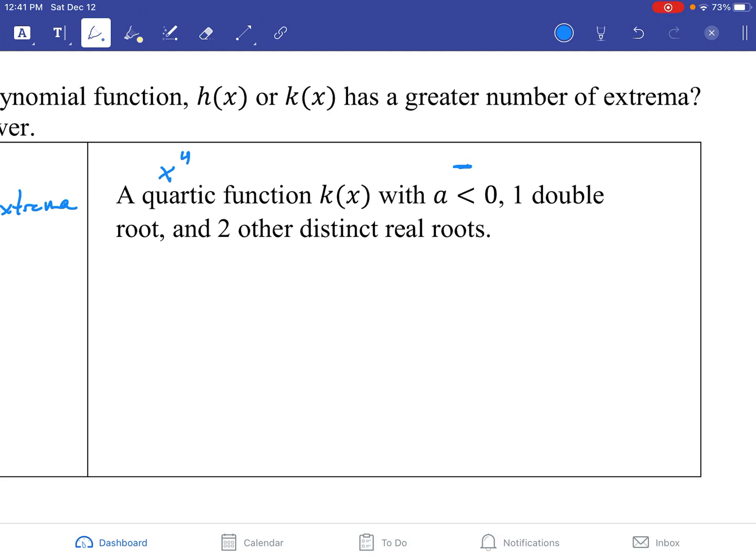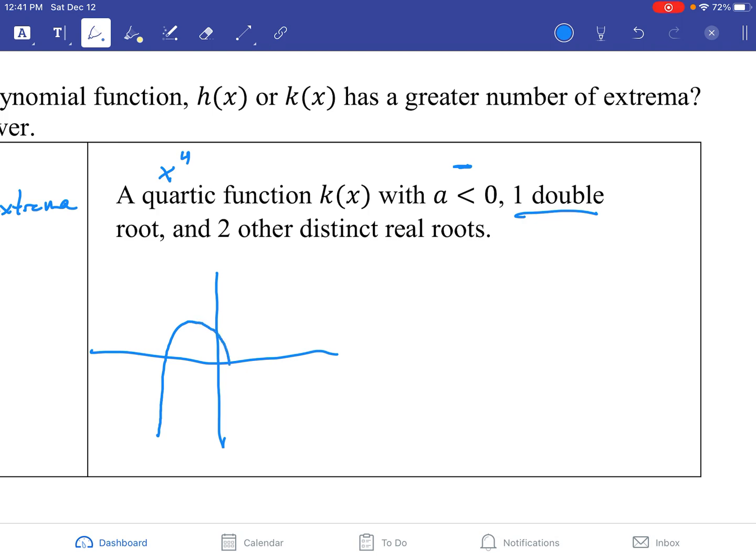It has 1 double root and 2 other distinct real roots. What this means is the graph will bounce off the x-axis at the double root, and the 2 other distinct real roots mean it will go through the x-axis. Let me show you how this works. It's a quartic, so it's x to the 4th, and because it's negative, it's going to start at the bottom. Let's go through the 2 distinct roots first.